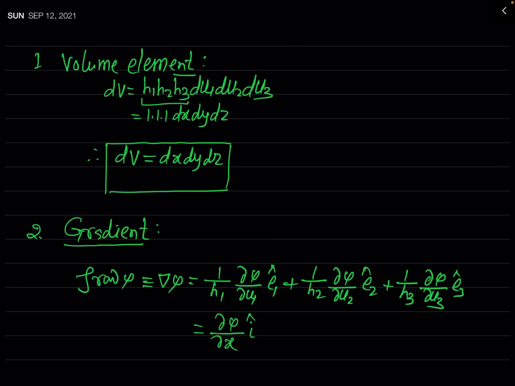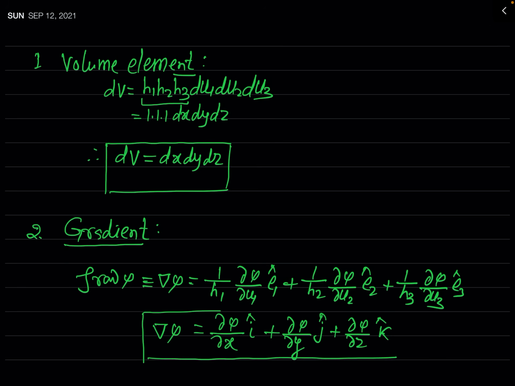Similarly, since h2 is also 1, this will be del phi by del y j hat, and the last term will be del phi by del z k hat. This is the expression for gradient of a scalar function phi in Cartesian coordinate system.